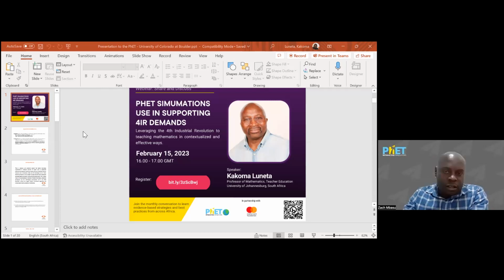At the bottom, there is an icon on the right of the book. You can click on that as well. Are we in slideshow? Click slideshow. Why is it not responding?